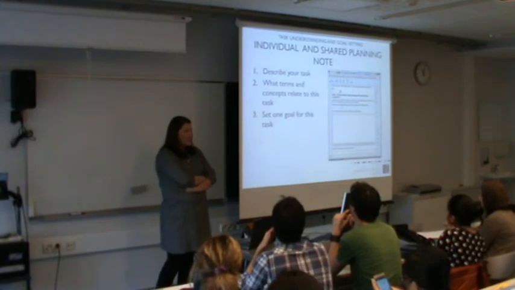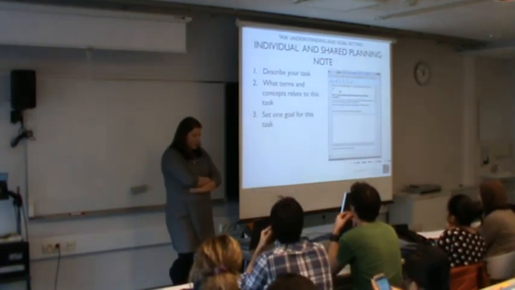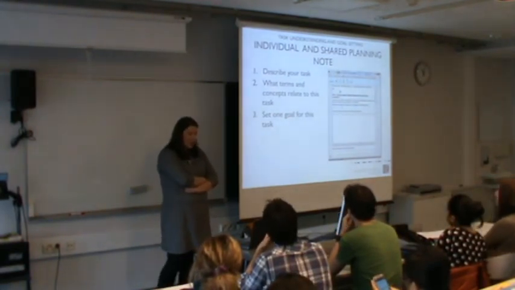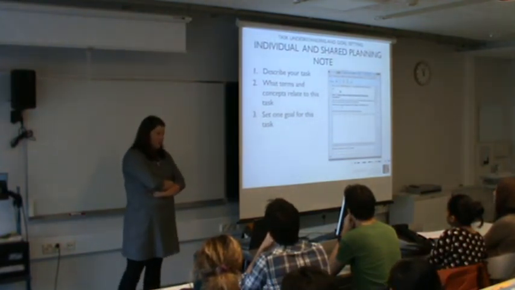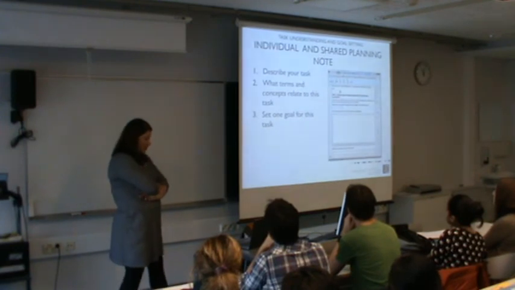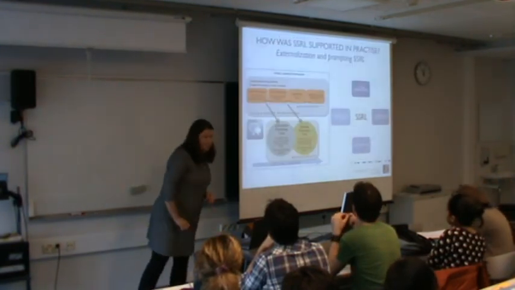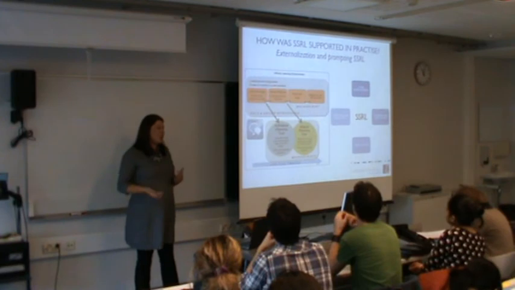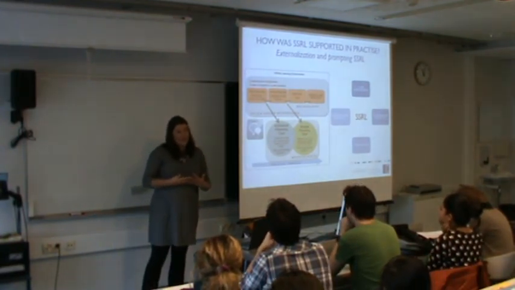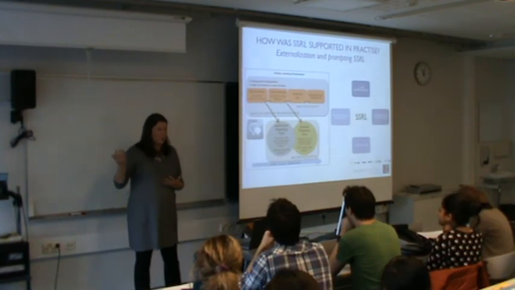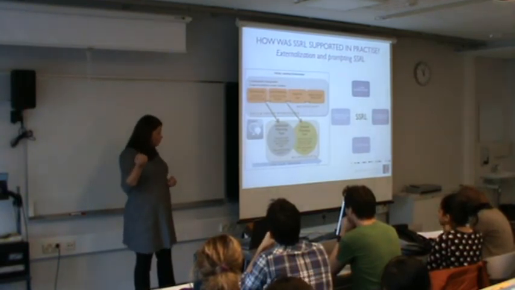Then we asked what types of concepts and terms relate to this task. And then we asked the learners to set one goal for this task, individually. Because when the learners are individually aware of what they want to do, they can then start to negotiate what they want to do as a group.